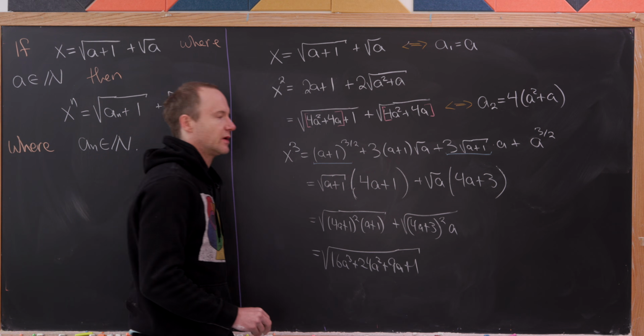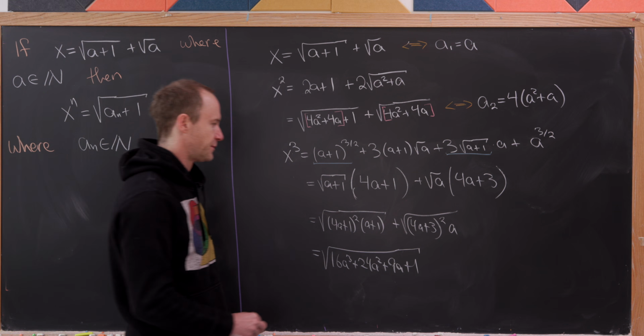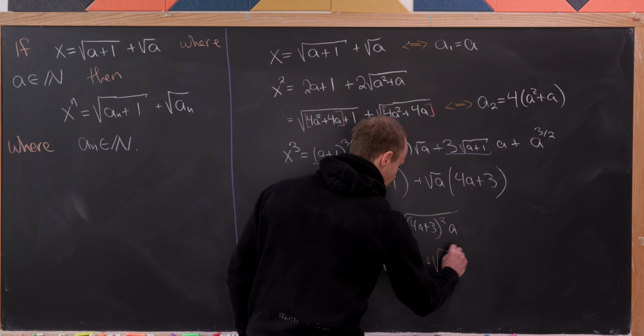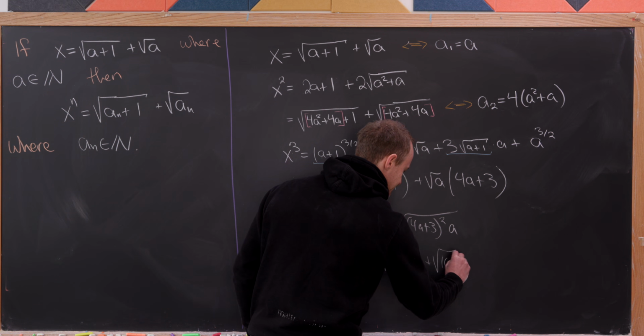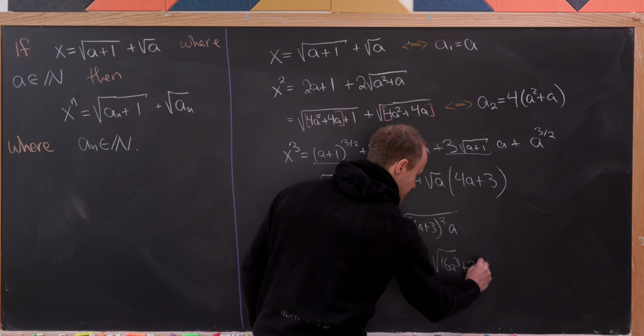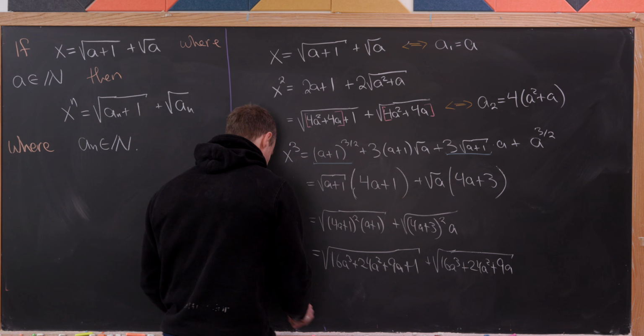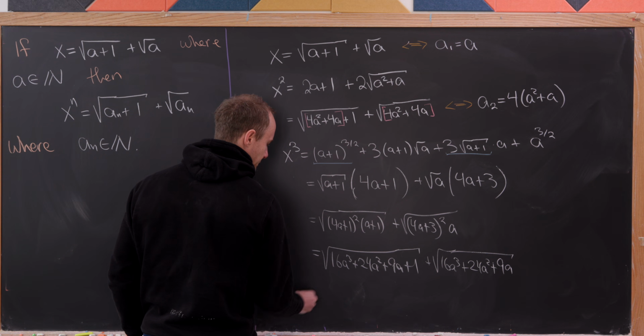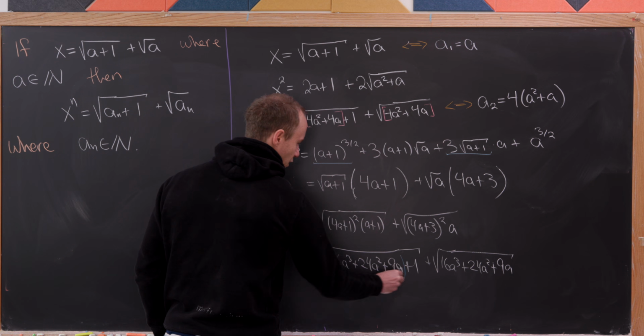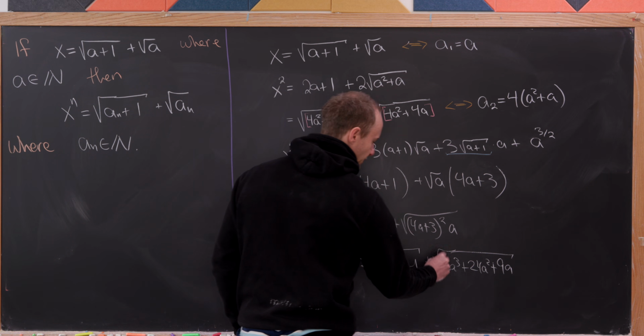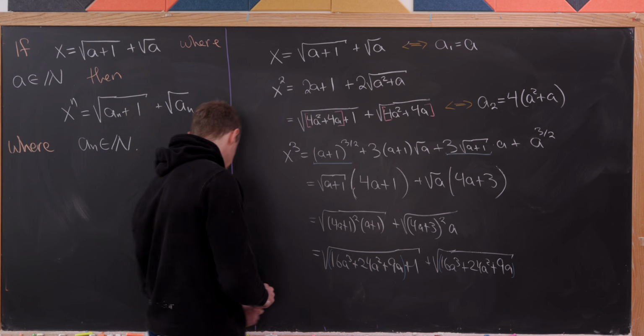That's what we get when we multiply all of that out. And then over here, multiplying this out, we'll have the square root of 16a cubed plus 24a squared plus 9a. But now let's see what we have. We've got something plus 1 in this first term, and then we've got the something in this second term.